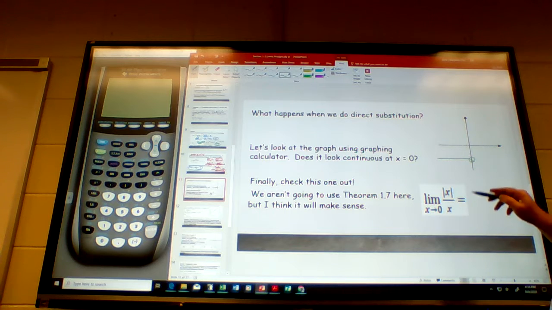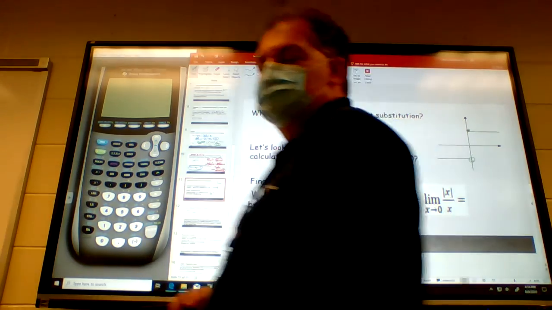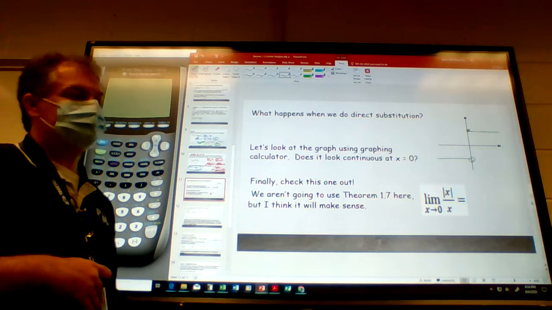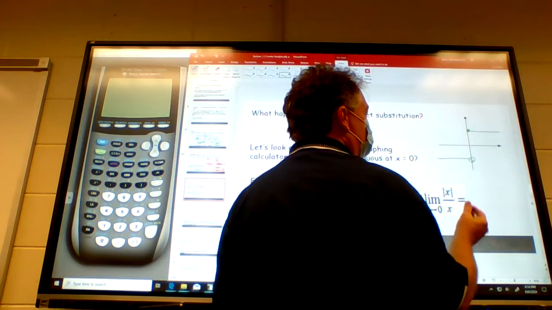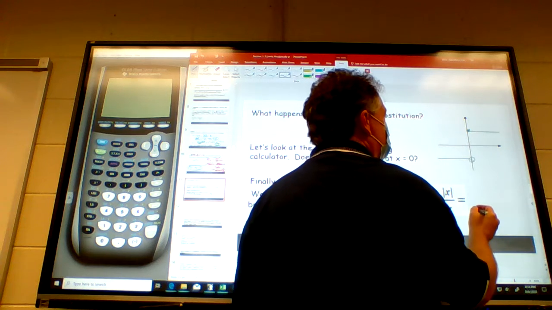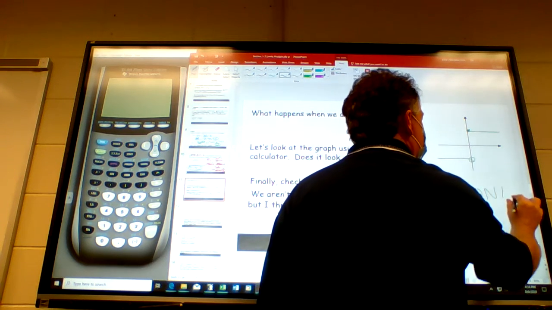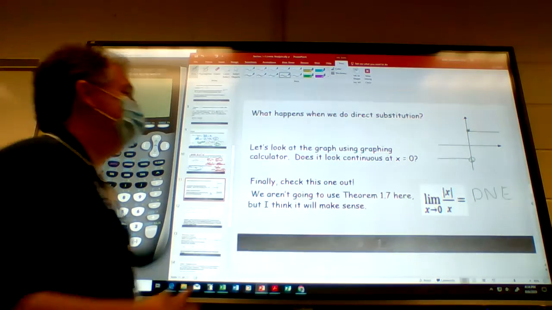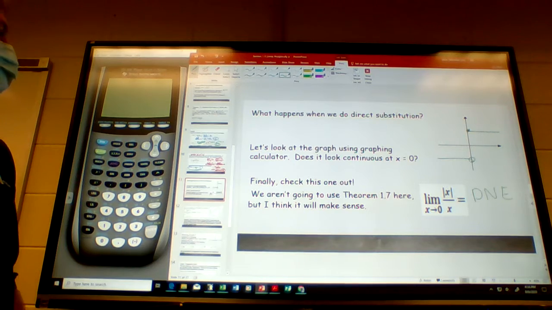This is from the negative side, and this is from the positive side. So, since it's approaching from the left, it approaches -1. From the right, it approaches +1. So therefore, the limit does not exist. That's what you need to know. Does not exist.